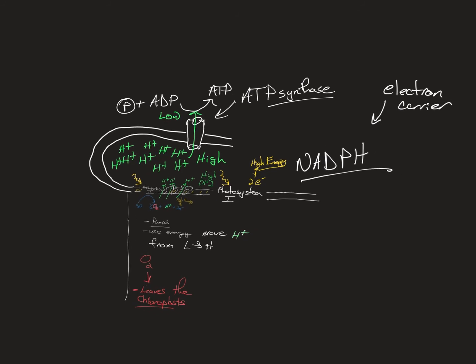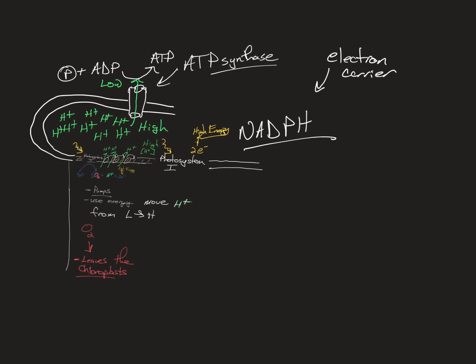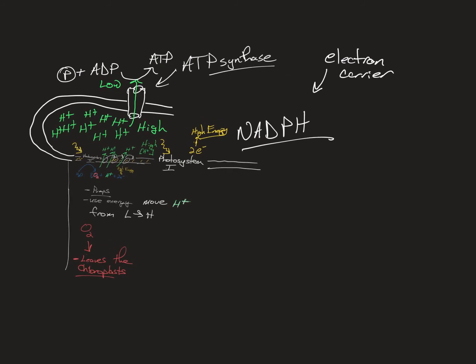Phosphate plus ADP gets turned to ATP. That's why we call it ATP synthase. Those hydrogen ions get recycled, and that continues on and on as long as there's light. These are what are called the light-dependent reactions.